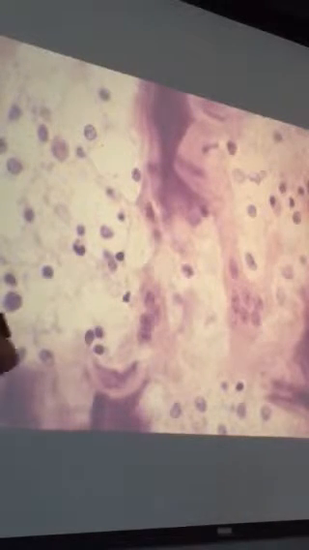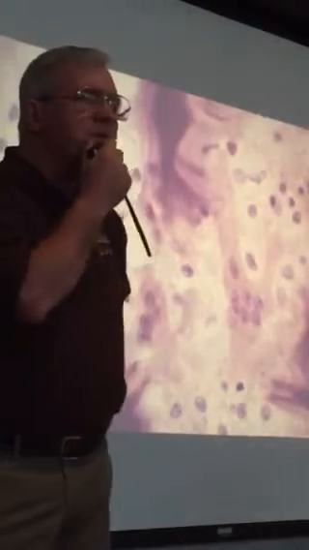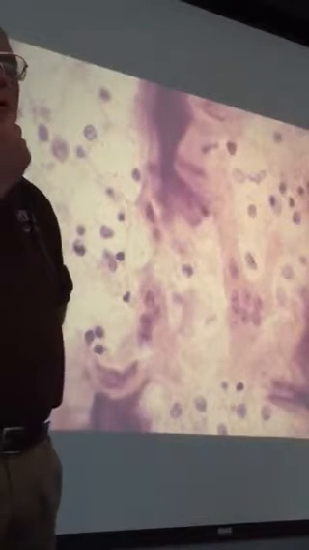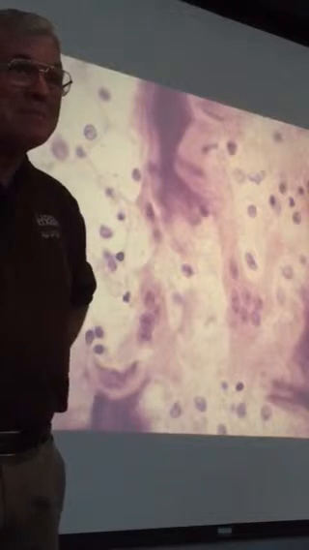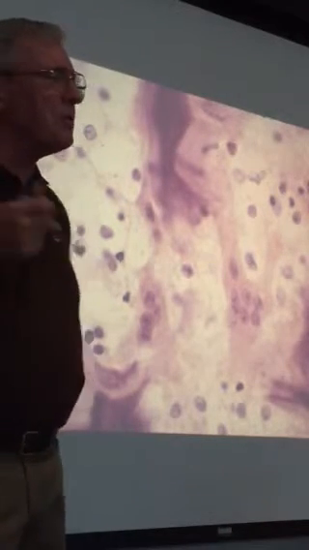Osteoclast. How do you tell the difference between an osteoclast and an odontoclast? Depends on what it's eroding. And what is this thing right there? Epithelial rest. Right. So close.